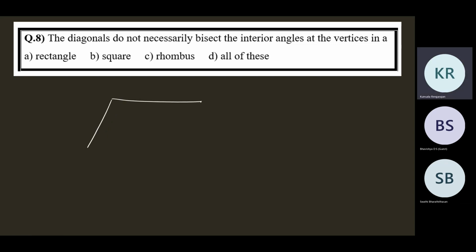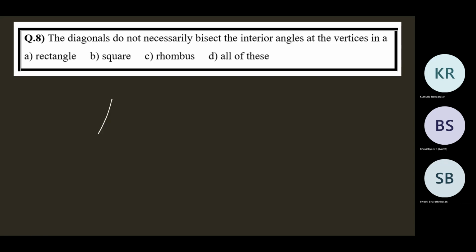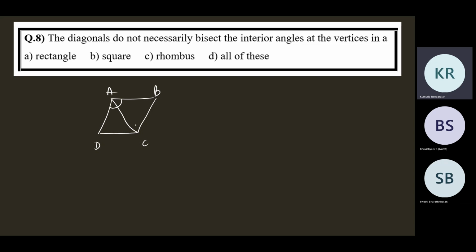So if you take a rhombus and join the diagonal AC, the diagonal AC bisects angle A and angle C. Similarly, the diagonal BD will bisect angle B and angle D.